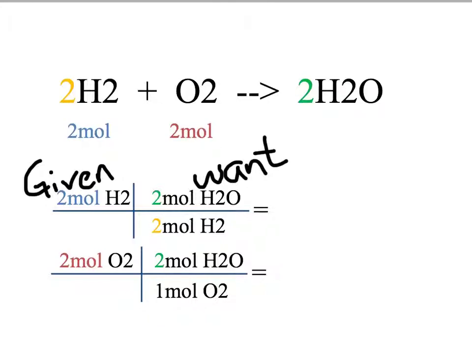We're given 2 moles of hydrogen gas, so you'll notice that when we use our conversion factor, that 2 moles of hydrogen is going to cancel because we have 2 moles of hydrogen on top and 2 moles of hydrogen on bottom. So we immediately see that our answer, without having to use the calculator, is 2 moles of water.